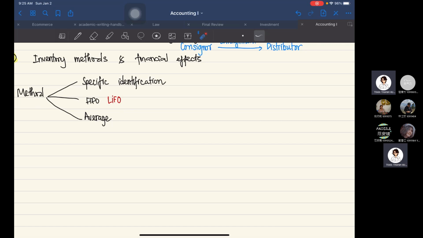But the disadvantage is that having unique identification is more inconvenient when you close the books. For FIFO, remember first in, first out.